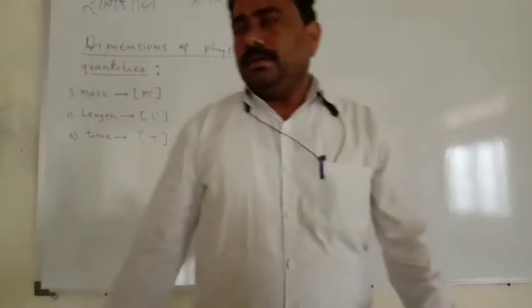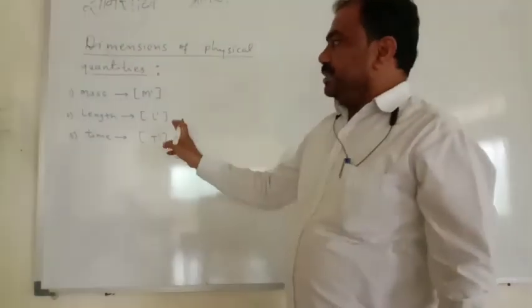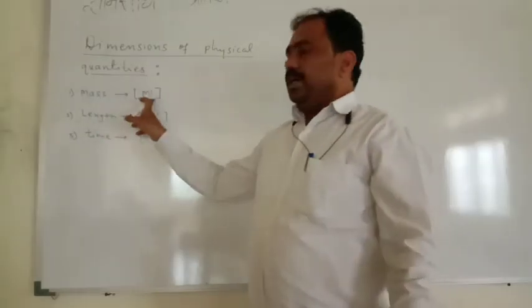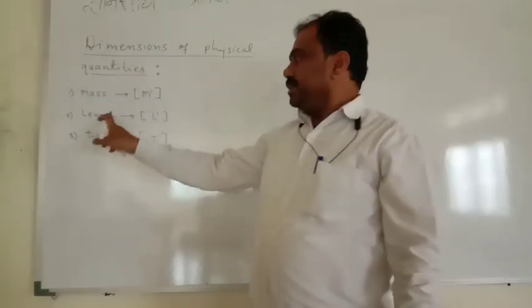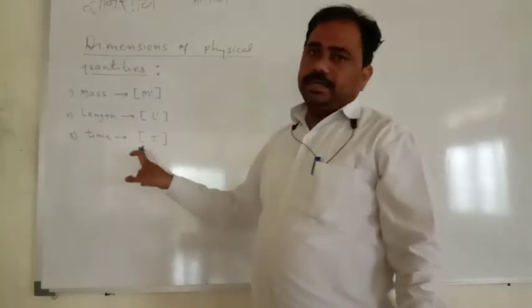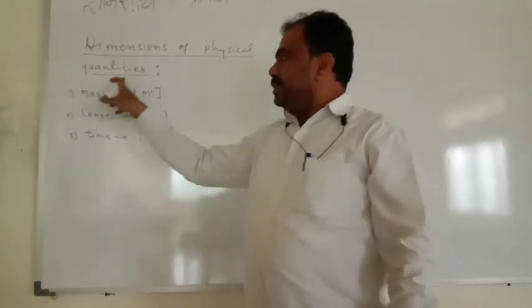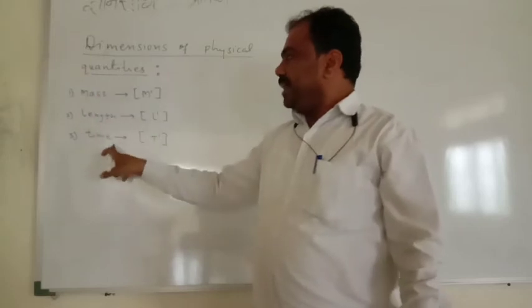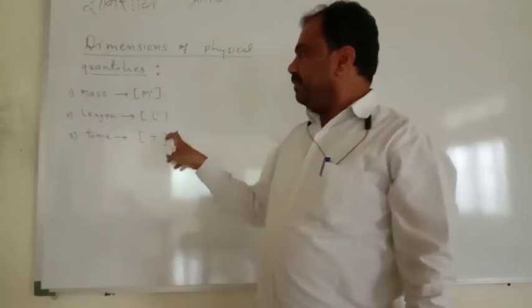So this is the basis for finding the dimension. Instead of mass M to the power 1, length L to the power 1 and time T to the power 1, we can show mass, length, time by using M1, L1, T1.